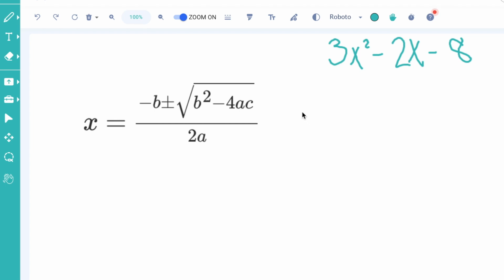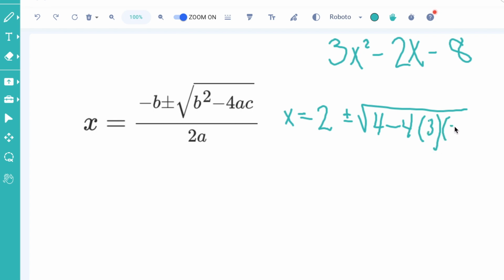All right, let's try this one. X equals negative b, so making this one the opposite, plus or minus the square root of b squared minus 4ac all over 2a.